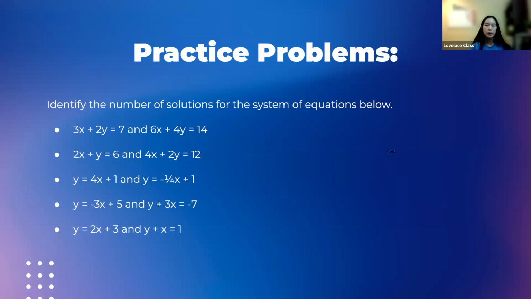And then Zoe, do you want to do number 5? For my first step, I did the first part, which is y equals 2x plus 3. And if you look at the second problem, y plus x equals 1, I looked at it like this. So plus 3 and then equals 1.